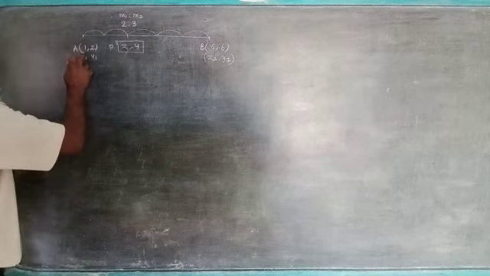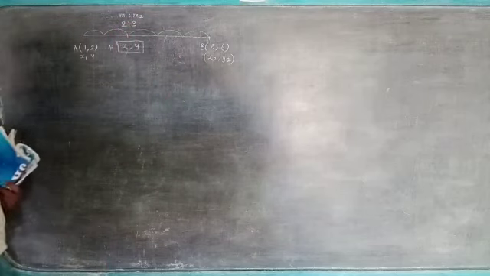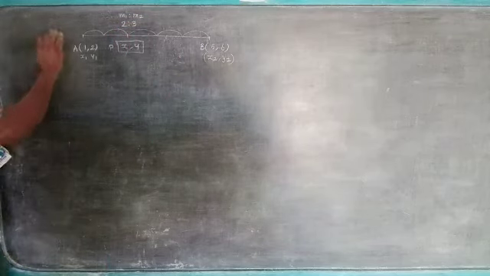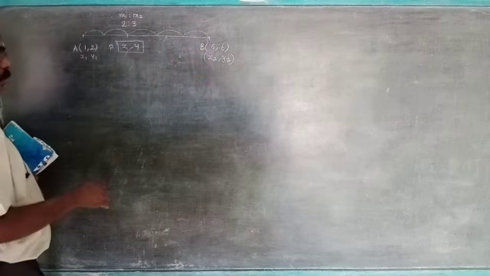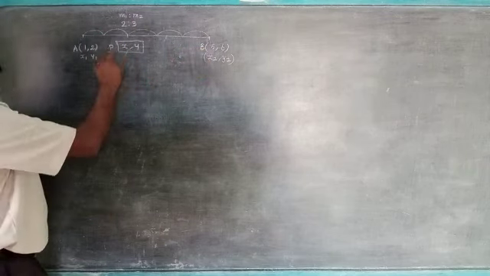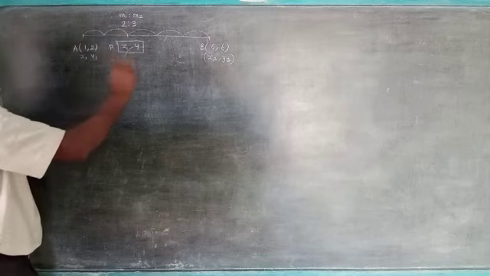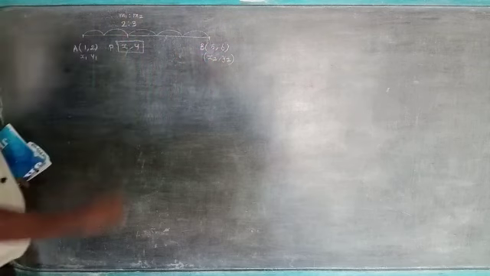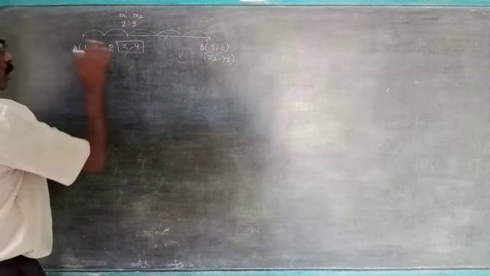So here 1, 2, 3, 4, 5, 6, 7, 8: 8 columns are there. Any 3 columns are given, another 1 column we want to find. That means either we find the coordinate, or we have to find the ratio, or the missing value here or the missing value here. For that we are using the formula called the section formula.